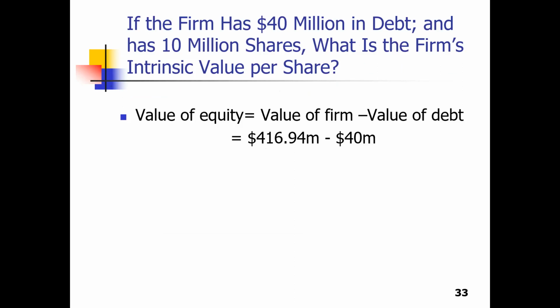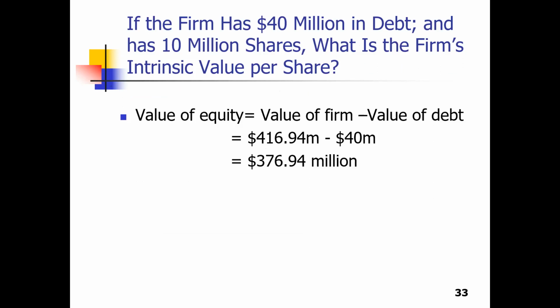Value of the firm to equity, to all owners, was 416.9 million in this case. I wrote it in dollars. Minus value of the debt, which is 40 million debt outstanding. We can get it from the data providers. That gives value of equity. So equity is worth 376.94 million in this case.